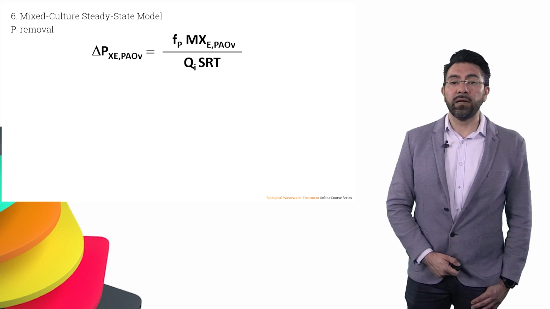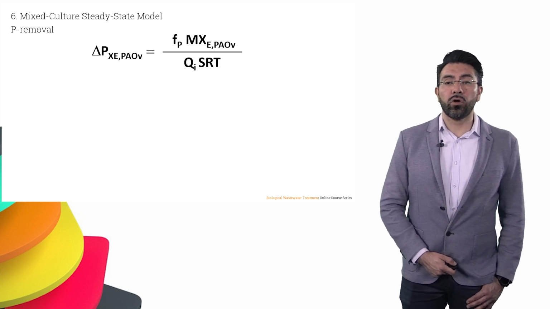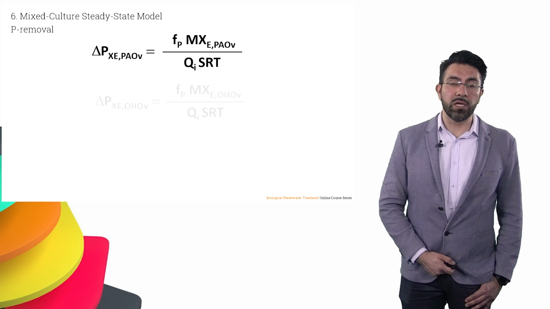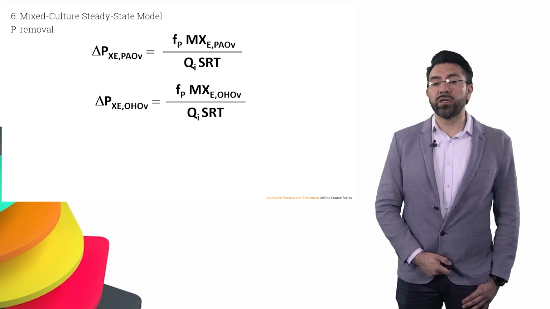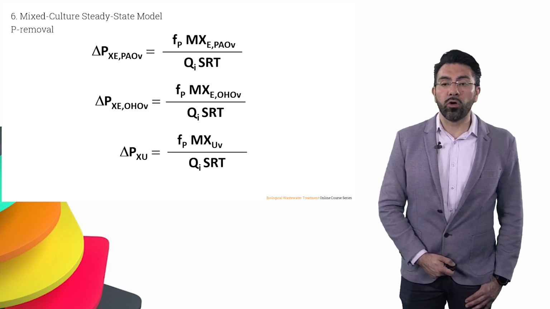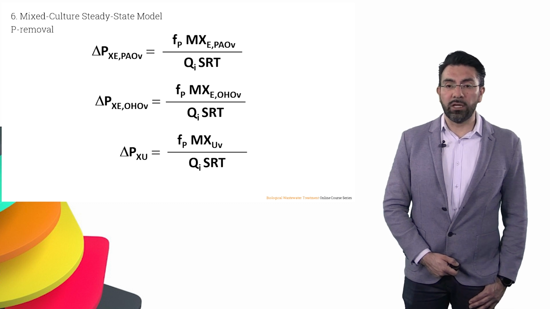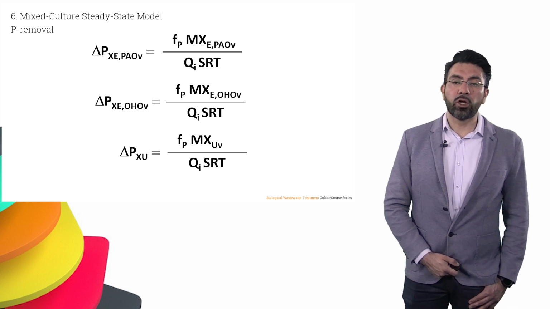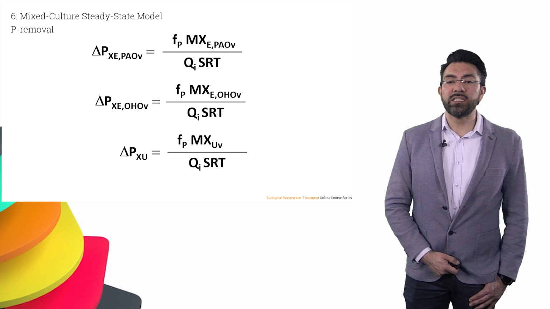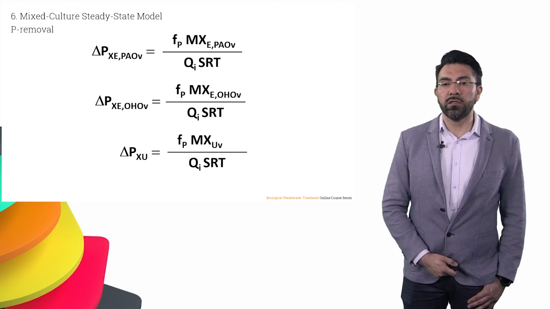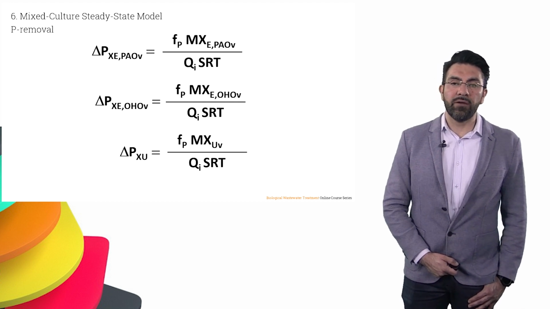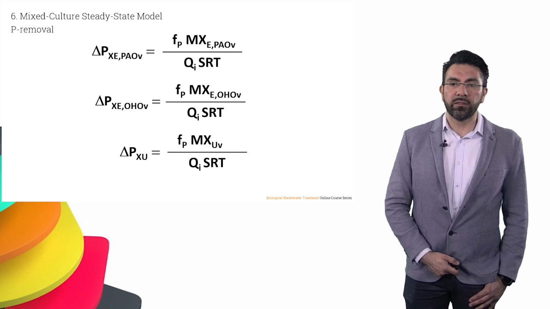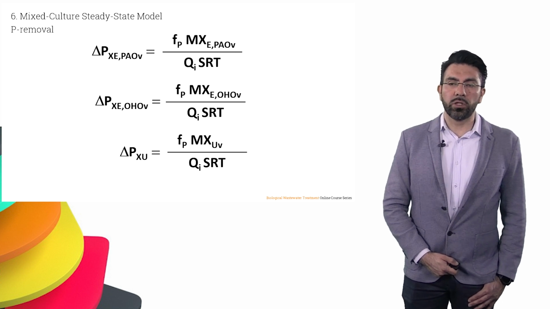Therefore, in a similar manner, the mass of endogenous residue of the PAOs, the mass of endogenous residue of the OHOs, and also the mass of particulate unbiodegradable organics will contribute only a certain fraction, in this case 0.03 grams per every gram of VSS that these masses contribute in the system.